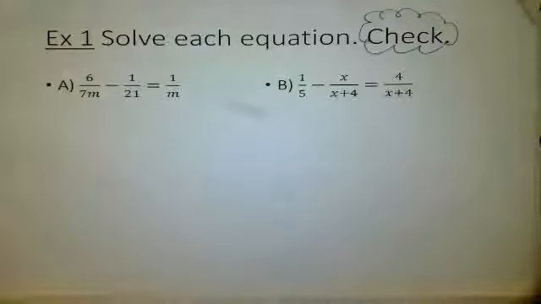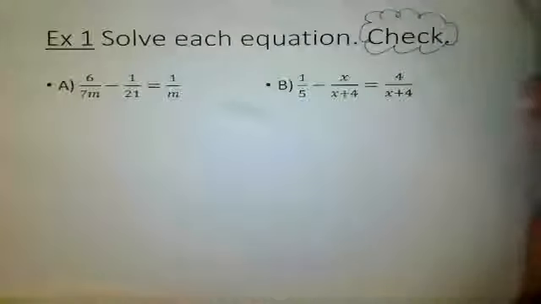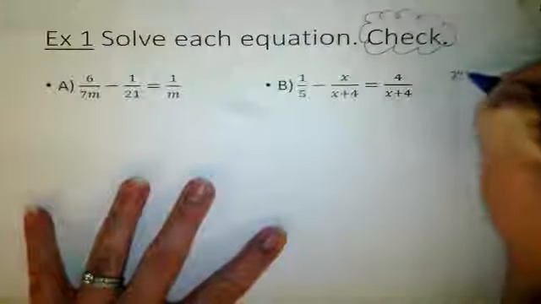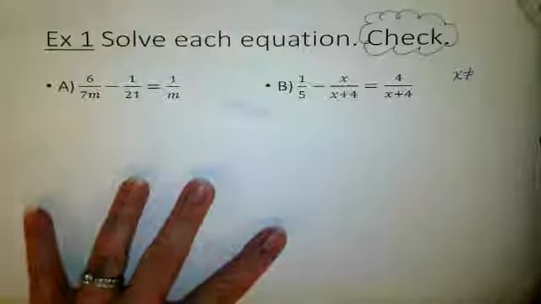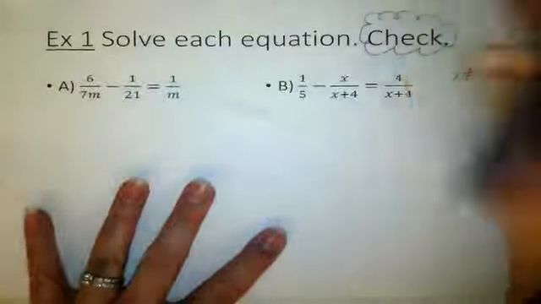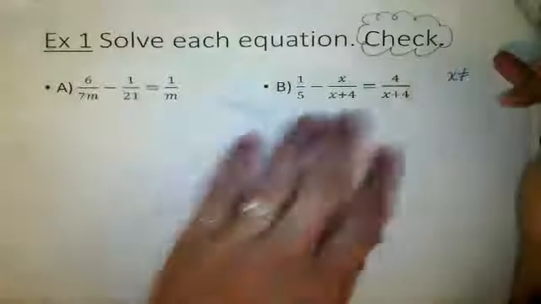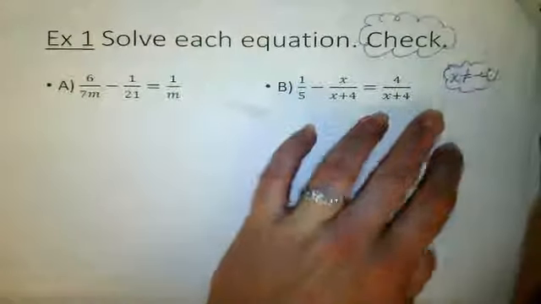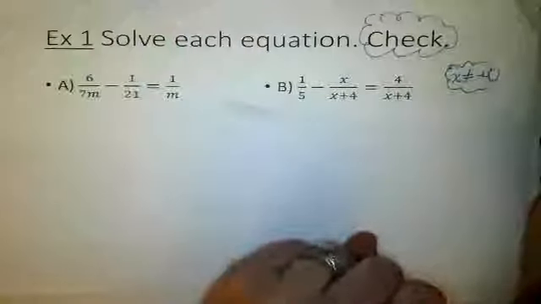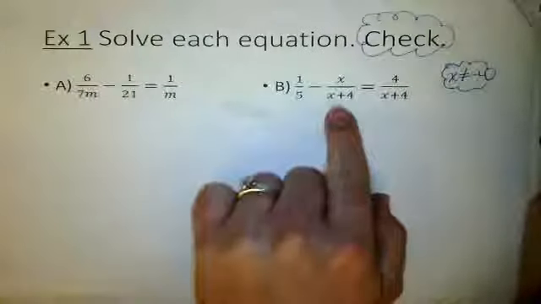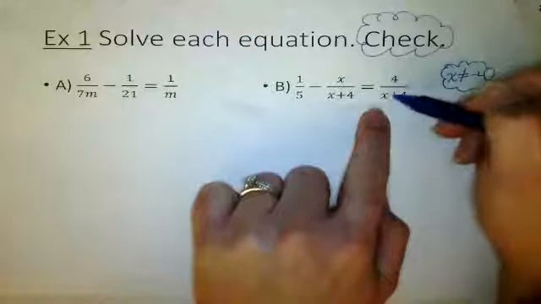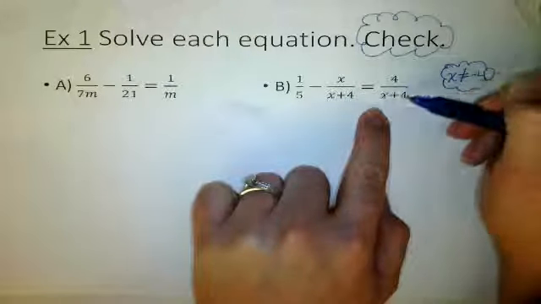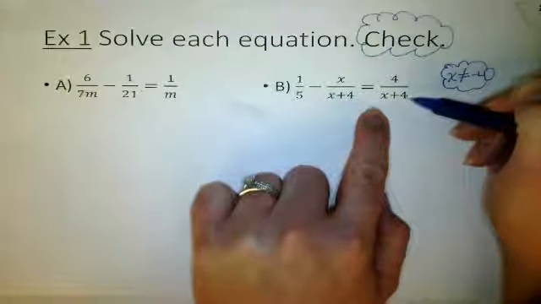So, for instance, on letter B here, there's a value that x is not allowed to be. -4. How come x is not allowed to be -4? Yeah, because then we would have -4 plus 4, which would be 0, and it would be undefined.